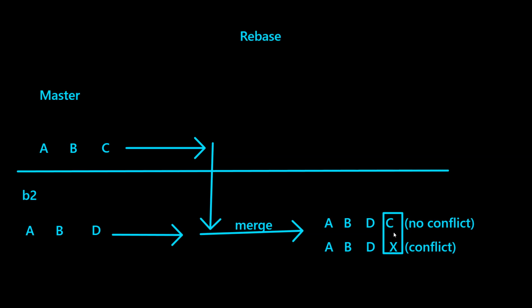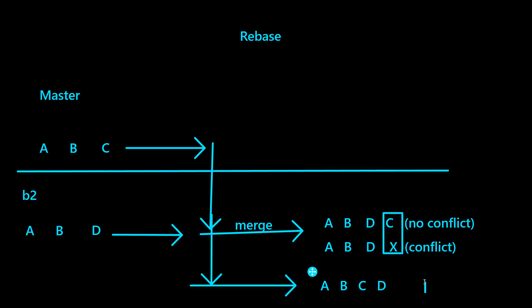This is added just because you are integrating changes from one branch to another. But I don't want that to be added as such. Of course, I want to integrate the changes from master to B2. But I want this C commit to sit in between B and D. Why between B and D?